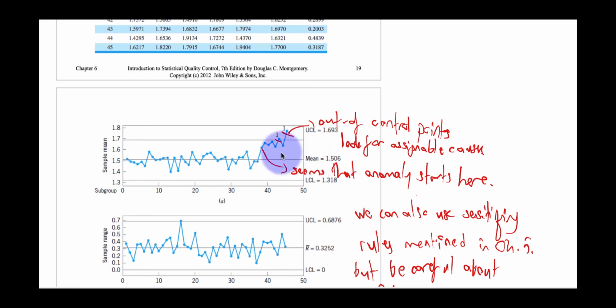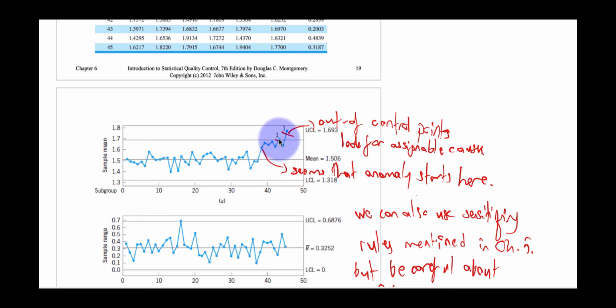We are just monitoring the process in phase 2, and we see that after sample 38, we have a pattern here. There is a run up here. We have some observations away from the central line, right?